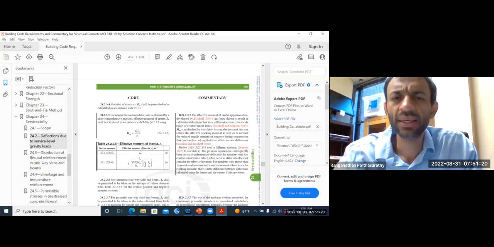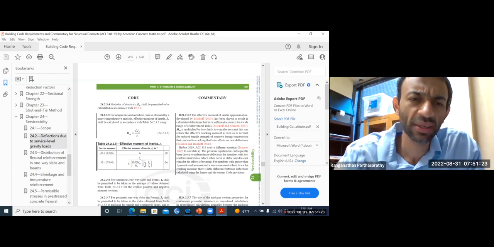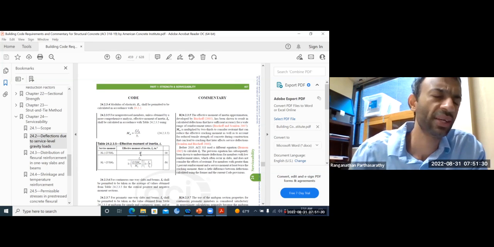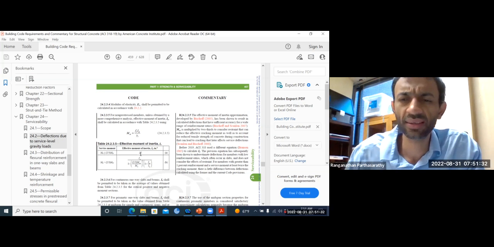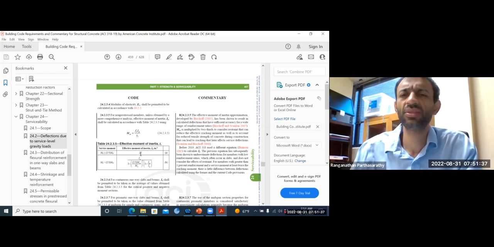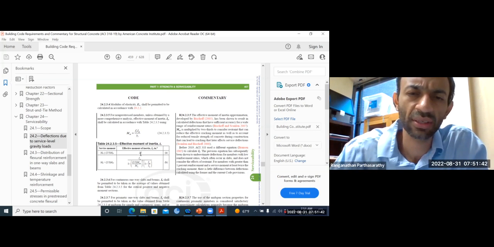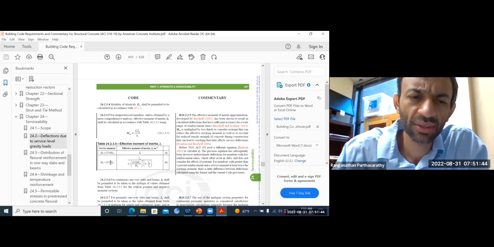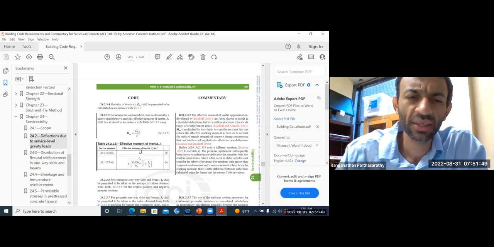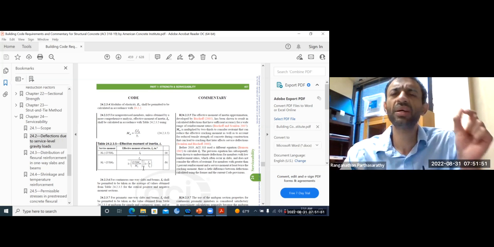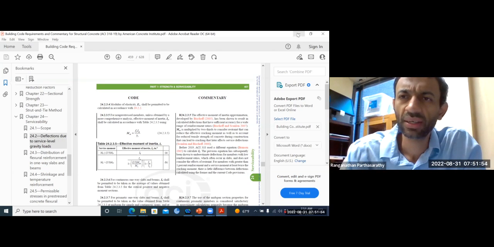It depends on what your applied moment is. If your applied moment is less than 2/3 of the cracking moment, you just take the I gross. Like I was mentioning in the review, the uncracked transformed section can be approximated as the gross moment of inertia. You can ignore the small part of the converted tension steel. And when your applied moment is above 2/3 of the cracking moment, then it is an interpolation between I gross and I cracked. Okay.